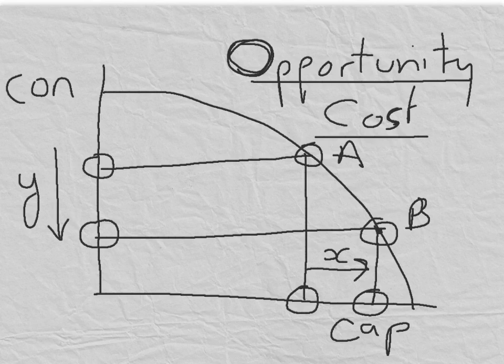So this is the distance y that represents the consumer goods that we have given up. So we can say that this amount of consumer goods that we have given up is the opportunity cost of producing this many extra capital goods. So we can see that the PPF can be very usefully used to illustrate opportunity cost.